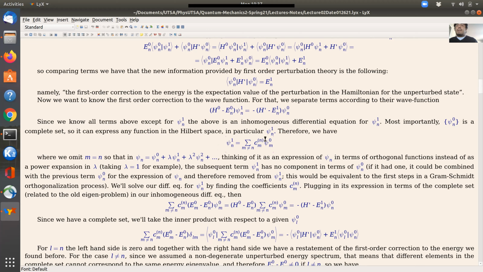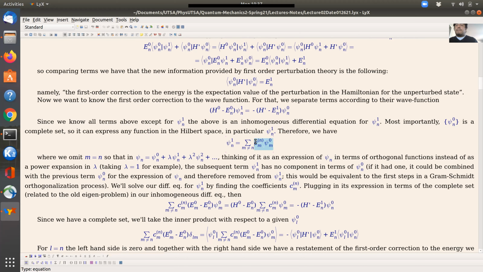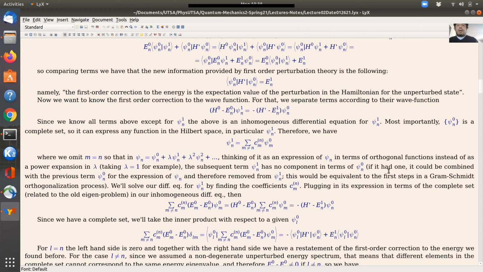Again, this is equivalent to Gram-Schmidt orthogonalization, where you have a new vector in terms of a first component, then the new component should be orthogonal to the previous one, and that's why the coefficient is equal to 0 for the case m equal to n. And that's why you only need to consider the case m not equal to n. This is the gist of why we're omitting that term.